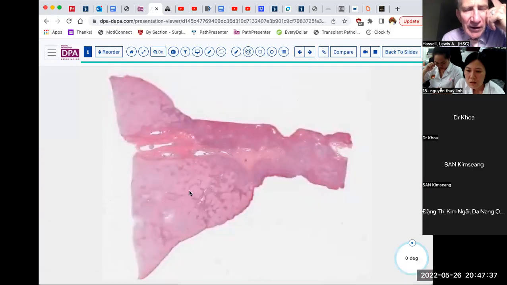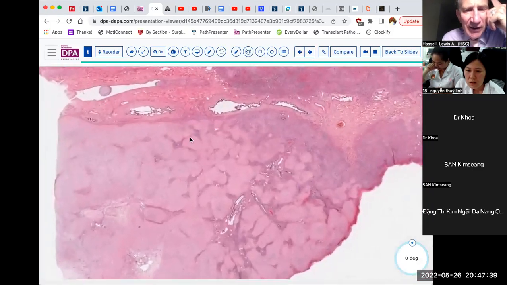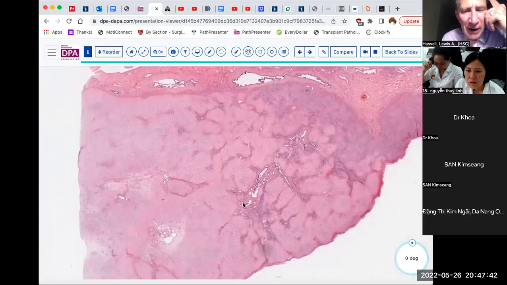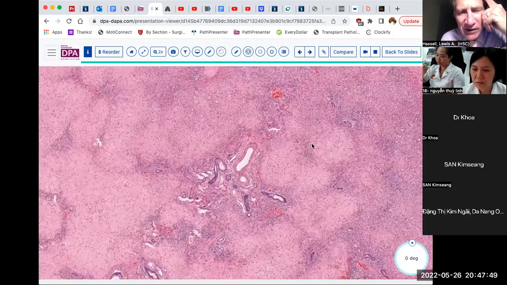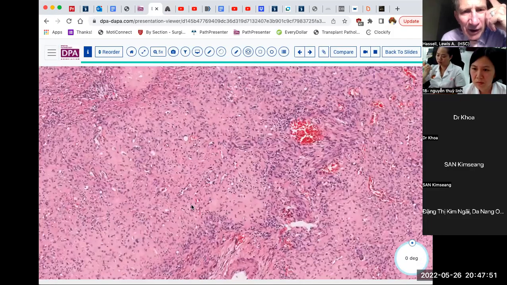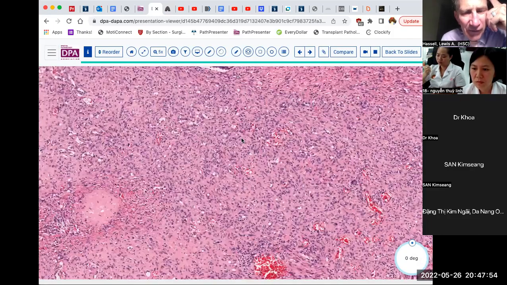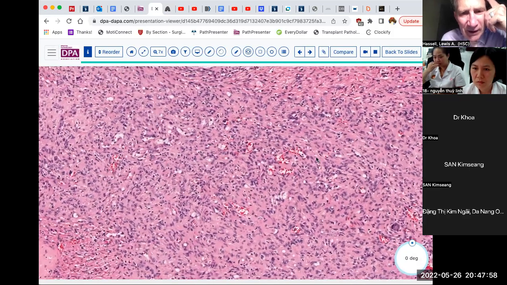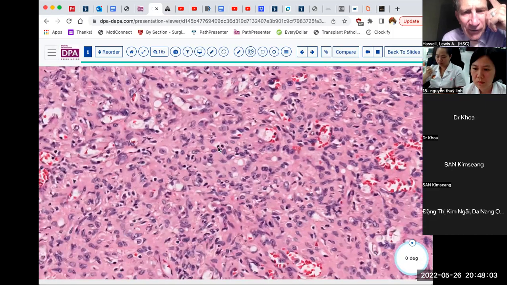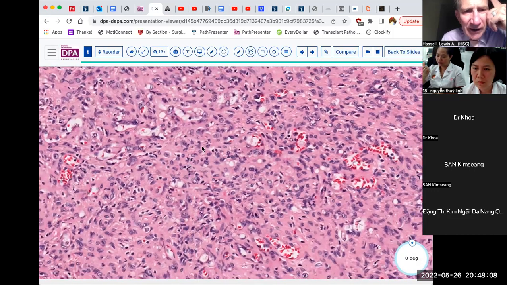So here's another case, another slide, with a similar sort of displacing pattern. And as you see, it goes over here to where it's just beginning to supplant and replace the parenchyma. And you'll see here maybe a little bit more of an endothelial type tumor appearance, whereas in those other areas, we're seeing more of the maturing fibrotic pattern.